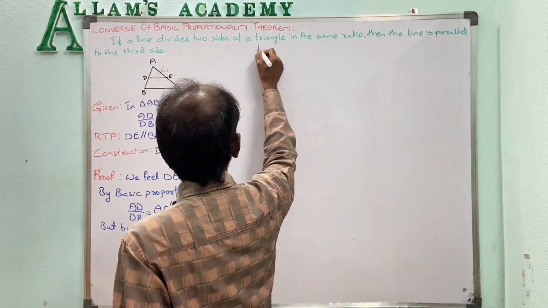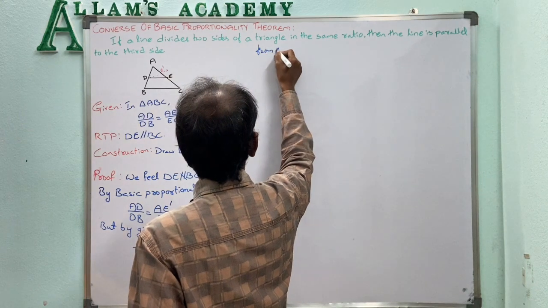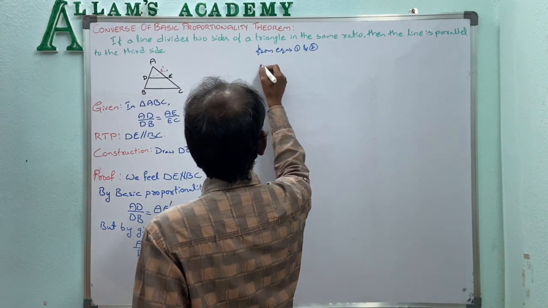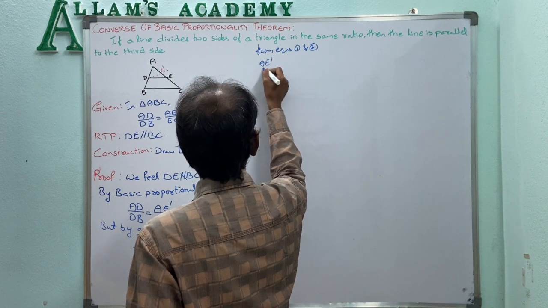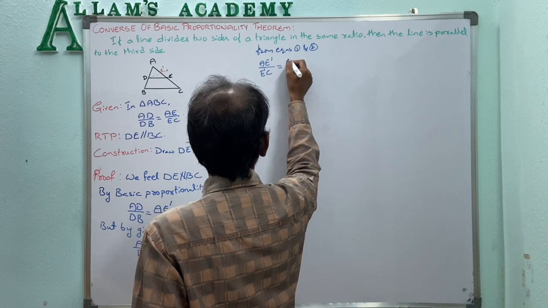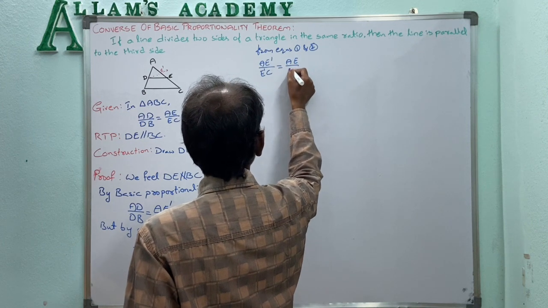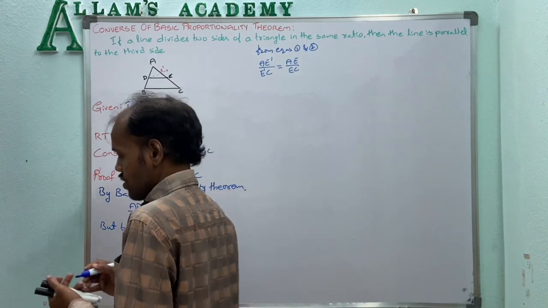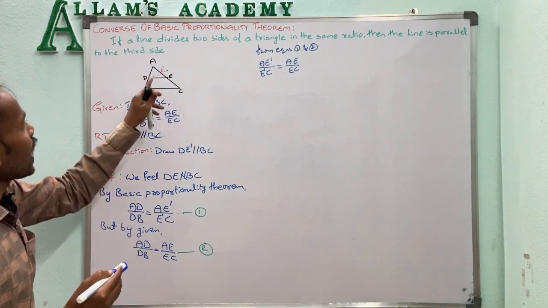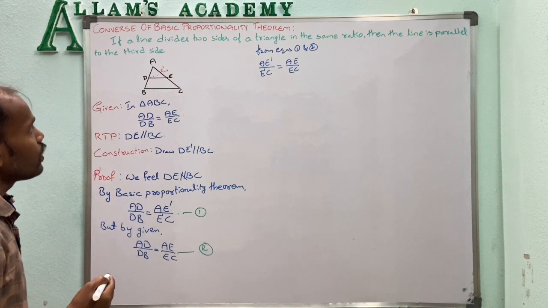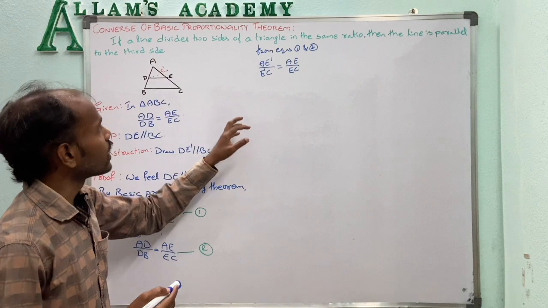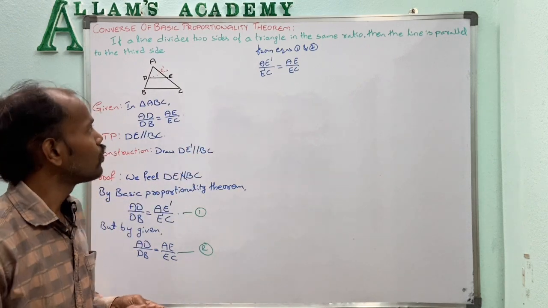So from equations 1 and 2, AE dash by E dash C equal to AE by EC. Now here we have to prove that E and E dash are the same point, then that answer is over.